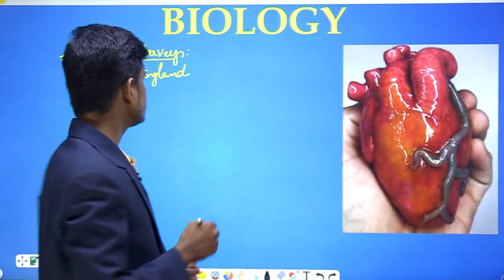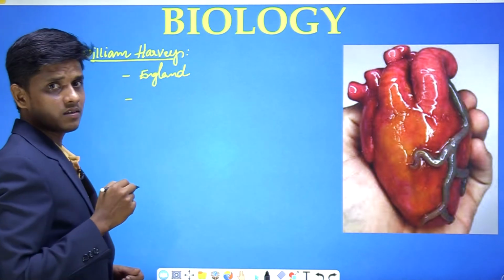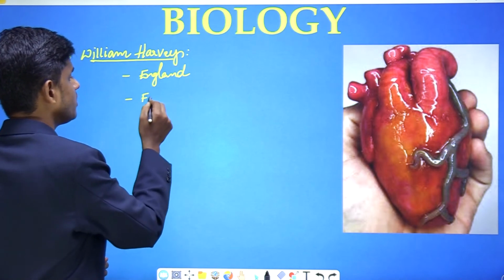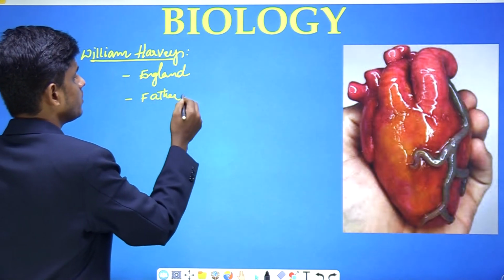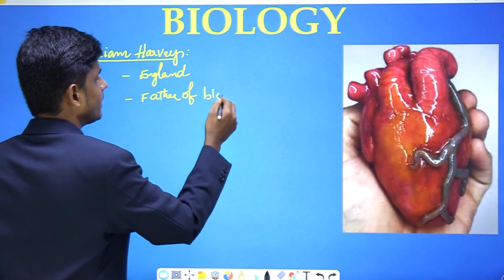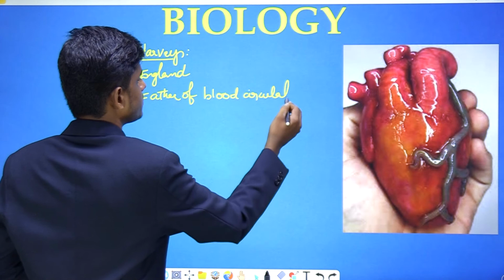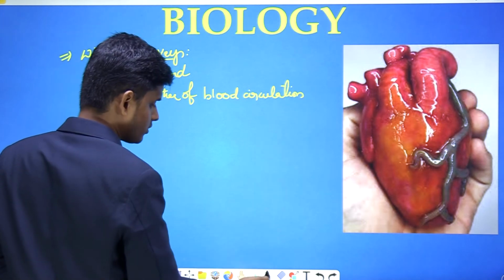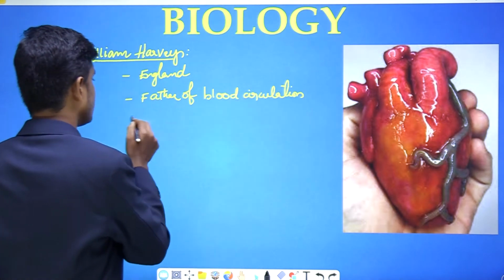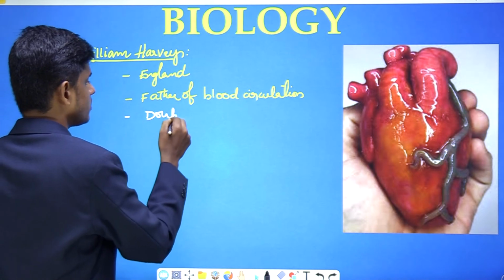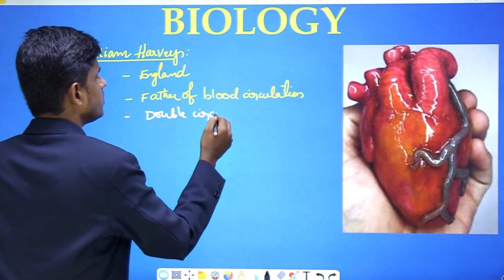England. And William Harvey is considered the father of blood circulation. He also discovered the double circulation of the blood.